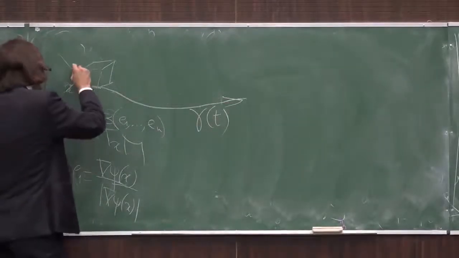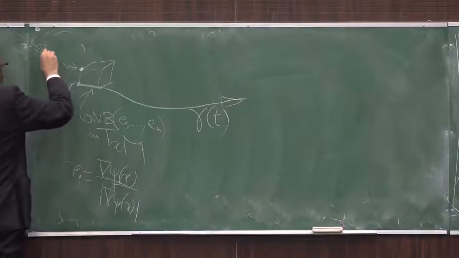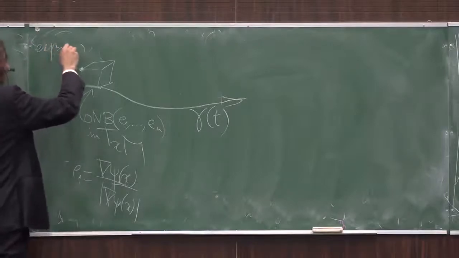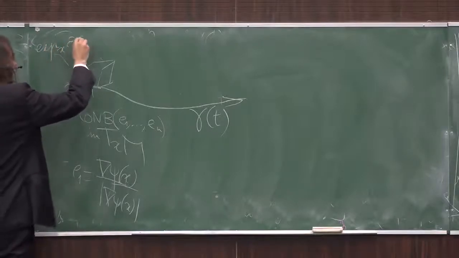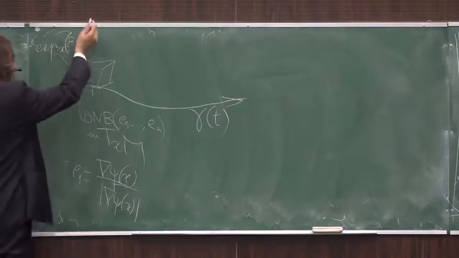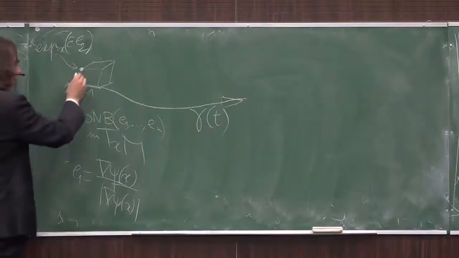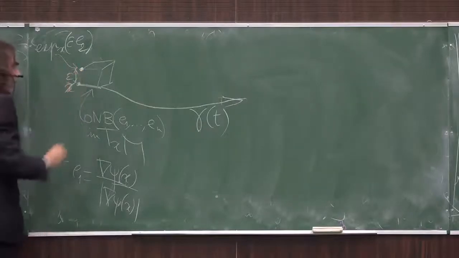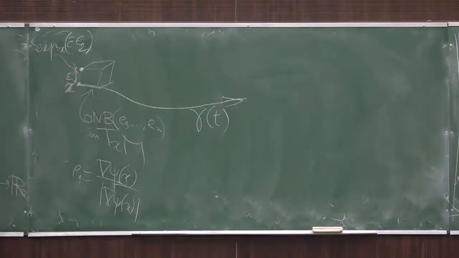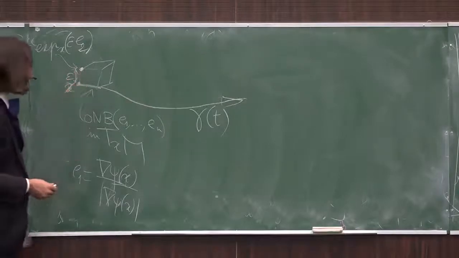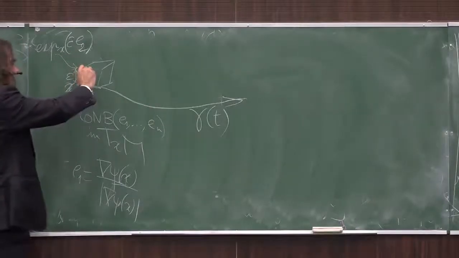Here, this will be something like exponential x of epsilon E1, epsilon E2, let's say, with epsilon very small, and epsilon will be like the size of the cube. So here I'm drawing the cube in the tangent space, but this will be a corresponding point.